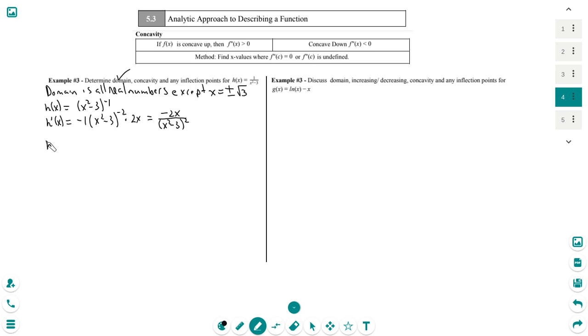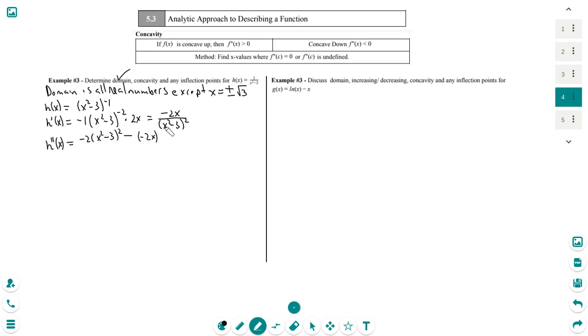Now I need to take the second derivative. All right, for this iteration, I am going to use the quotient rule. So derivative of the numerator comes first. So that would be negative 2 times the denominator, minus, and then I keep the numerator, negative 2x, and then I multiply by the derivative of the denominator, and that would be a power chain rule again.